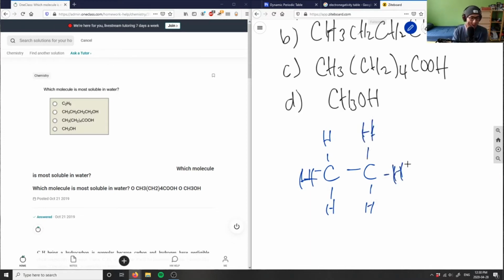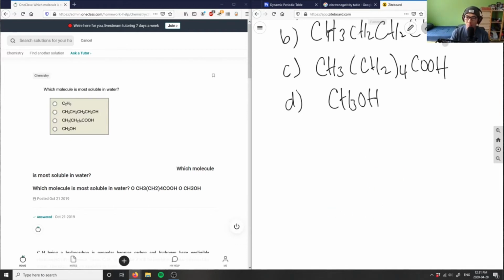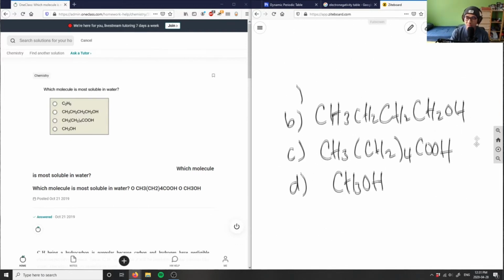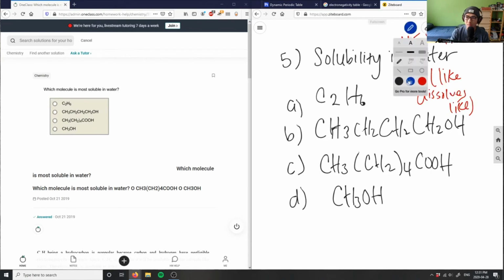This is a non-polar compound, so it will not dissolve in water. All my carbons are saturated with hydrogens, and the electronegativity difference between carbon and hydrogen is too small for it to be polar. Therefore, this is a non-polar compound, so A is incorrect.